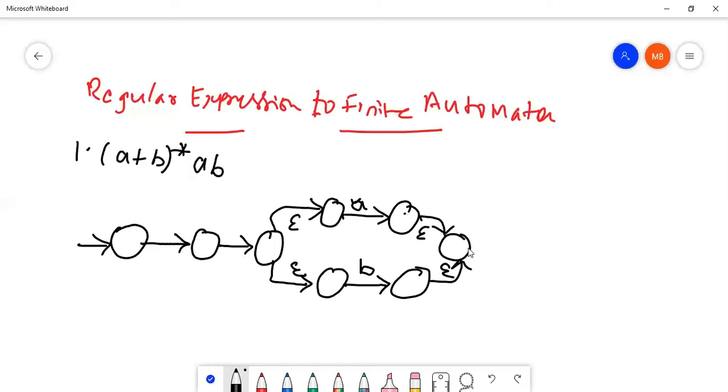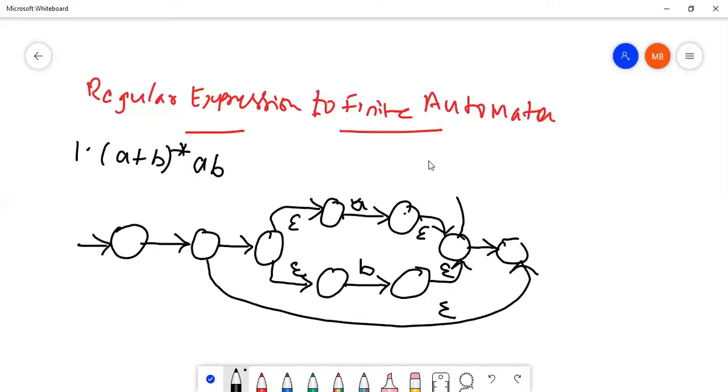Now let's continue. This will be for accepting epsilon and this will be for repetition. The epsilon transition from the start to the end, or from the beginning to the intermediate, is for epsilon. This epsilon transition going back is to accept the next set of symbols.